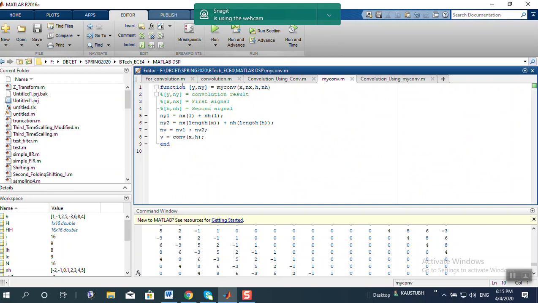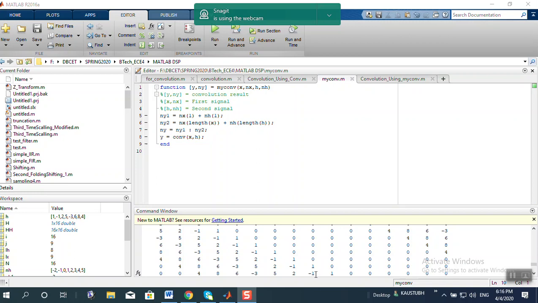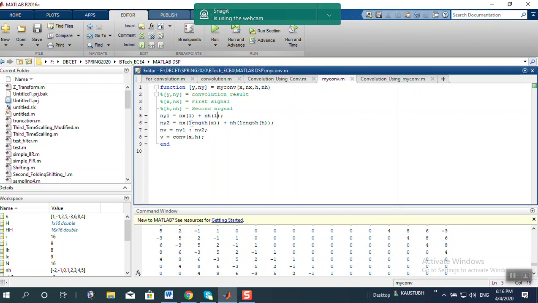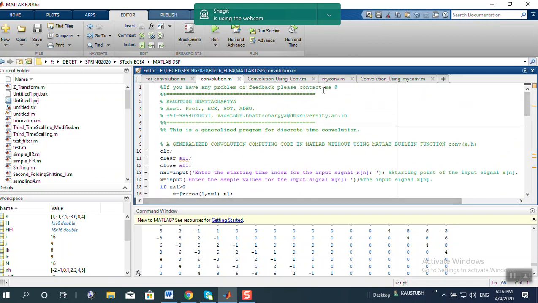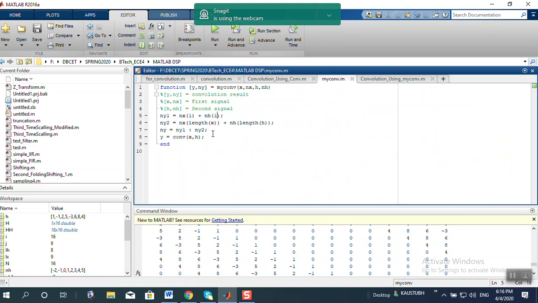While creating, this is not an M code, this is an M function. Here I'll explain how to create our own user-defined functions. The extension here is also .m, but this is a function, not a script like the M code. This is script and this is function.